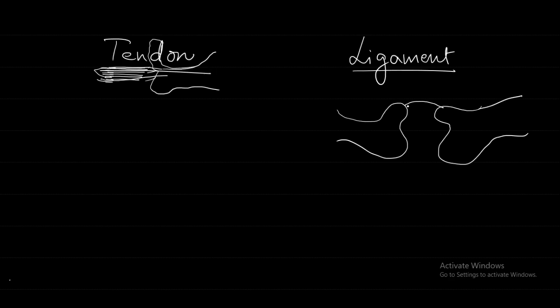So maybe you can use something like this: L is coming here, bone to bone, ligament. You can do whatever you like, but you should not confuse these terms. The ultimate idea is don't confuse them. Tendon is muscle to bone and ligament is bone to bone.